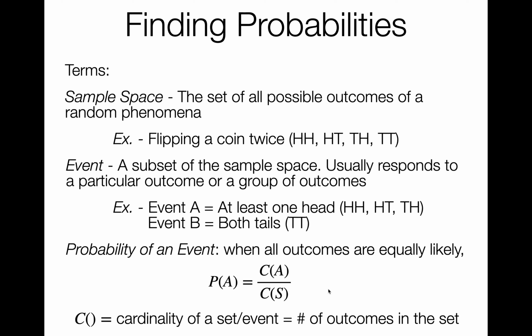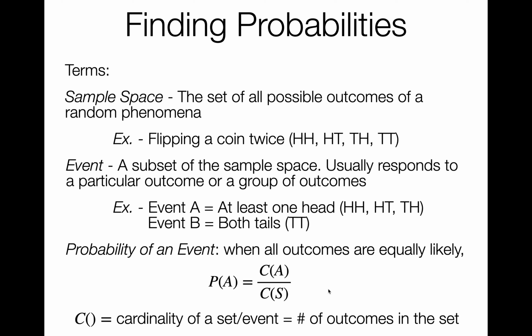So the probability of an event A is equal to the cardinality of A over the cardinality of the sample space. So if I were looking for the probability of event A happening in my example above, at least one head, I would start to think about, are all the outcomes equally likely?